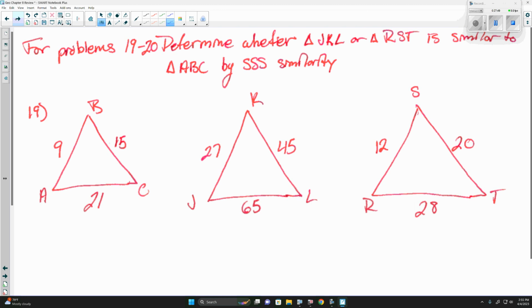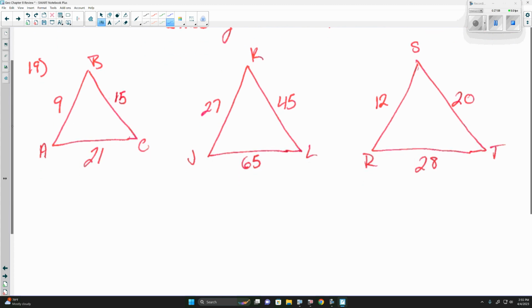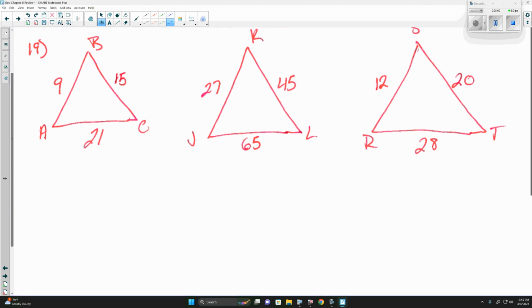Here, determine whether triangle JKL or triangle RST is similar to triangle ABC by side. So we're comparing all of these to triangle ABC. We can pick one of the two.